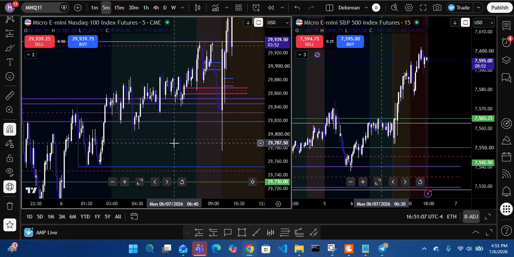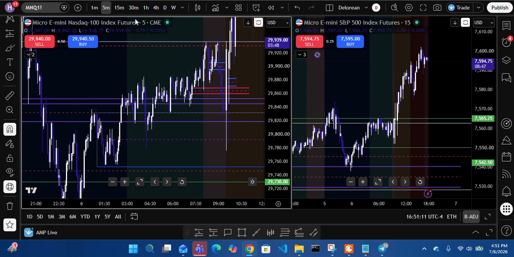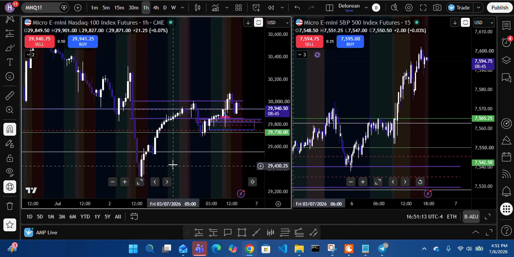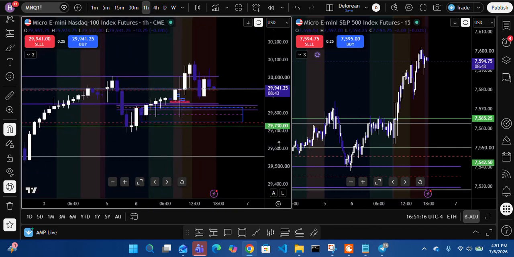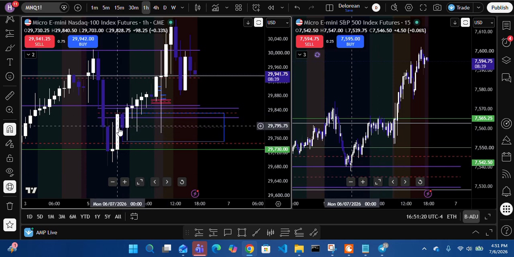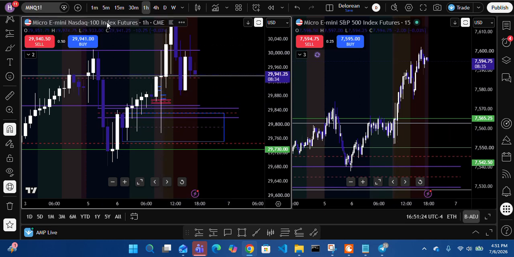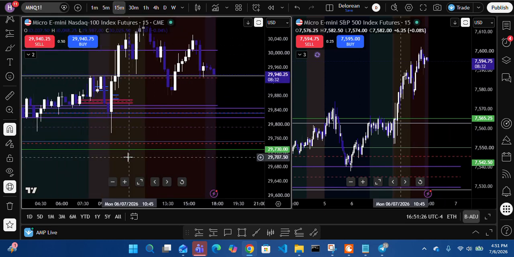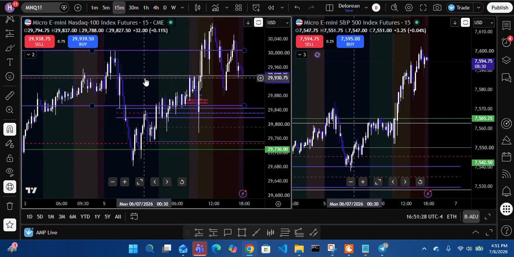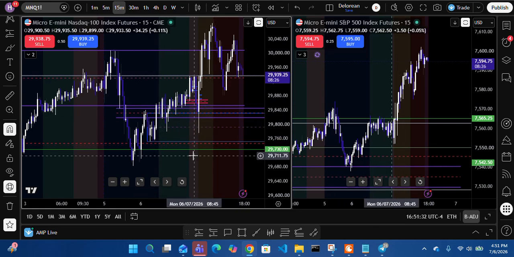And then we also had this right here, this blue box is a 1 hour level, this 1 hour down close candle. And you see we're trading above. So I was using these higher time frame levels, and the gray is my new week opening gap. So all of these levels are holding up.